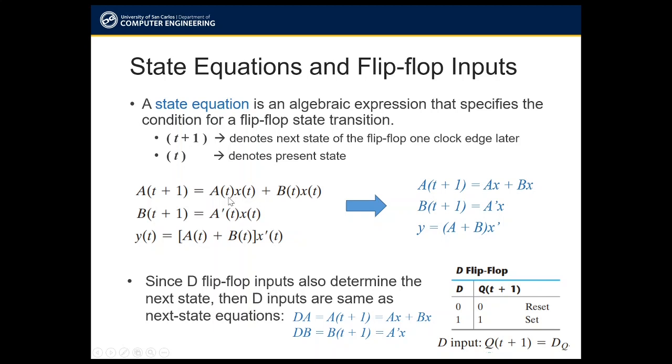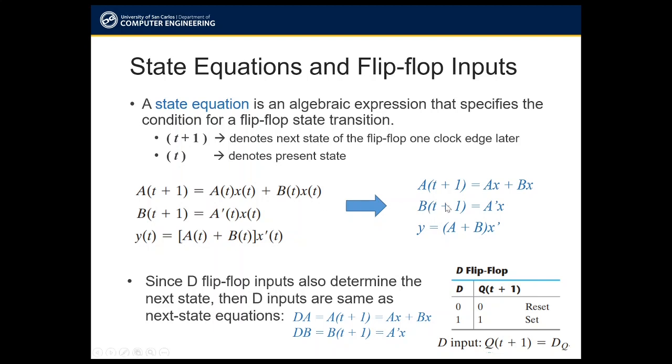In other words, all of them have t on the right side of our equation. Which means they are all a function of the present state, and therefore we can omit the t after each variable for convenience, and we can express the state equations in a more compact form.